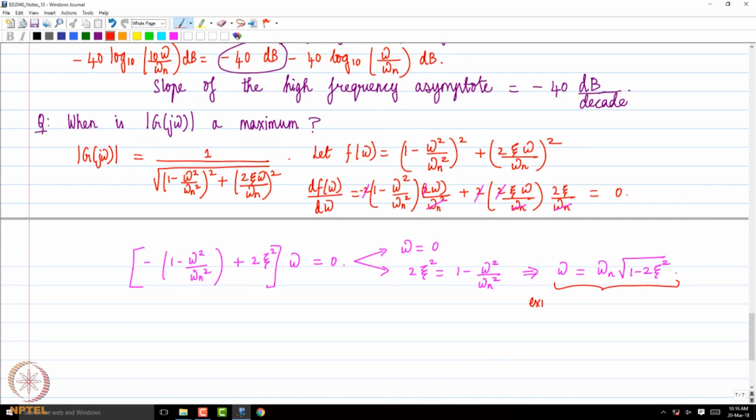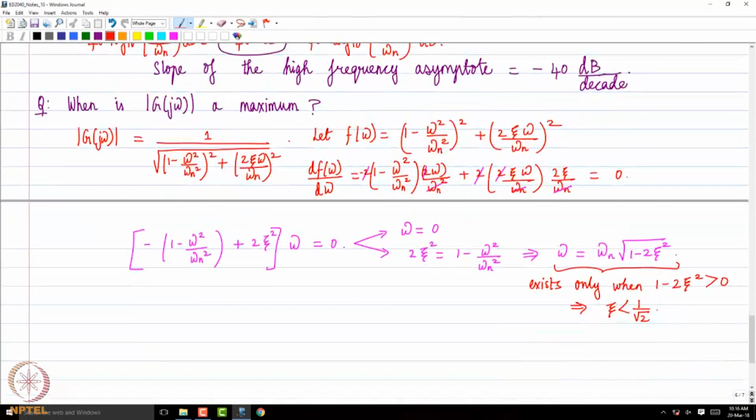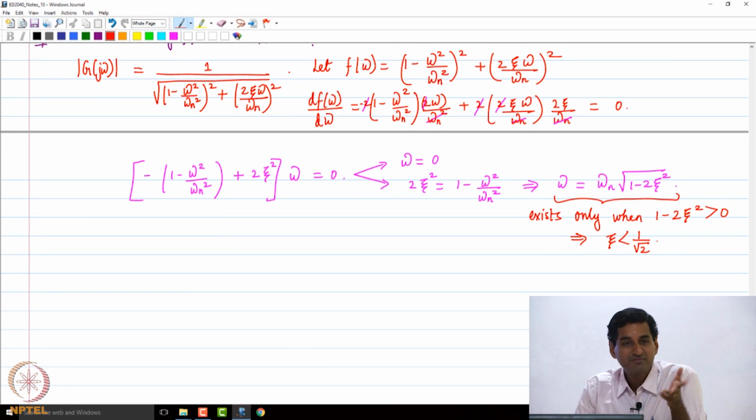This exists only when 1 minus 2ζ squared is greater than 0, or in other words ζ should be less than 1 over root 2, which is approximately 0.707. Of course, ζ is a positive number; when we started off I said that ζ and ωn are positive parameters, since we are essentially dealing with systems where ζ and ωn are positive.